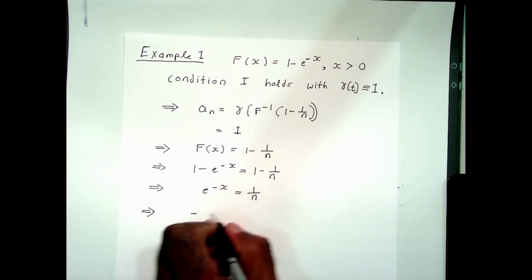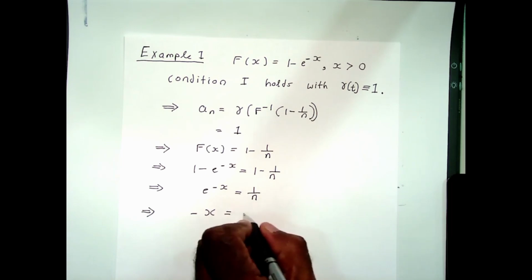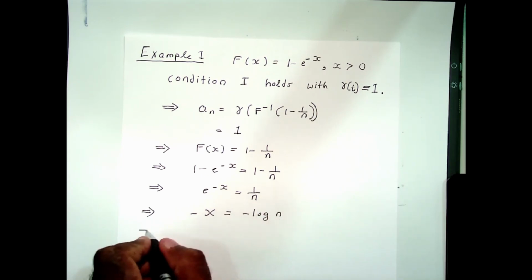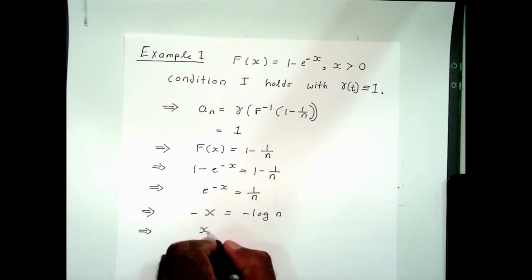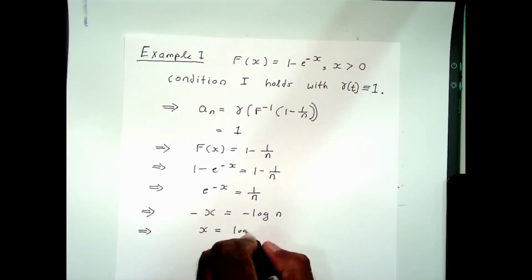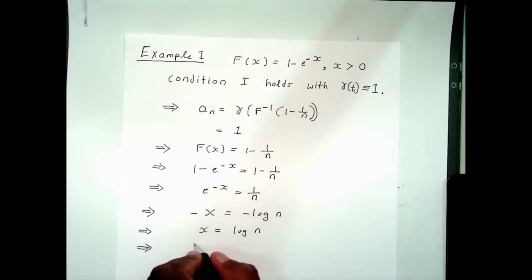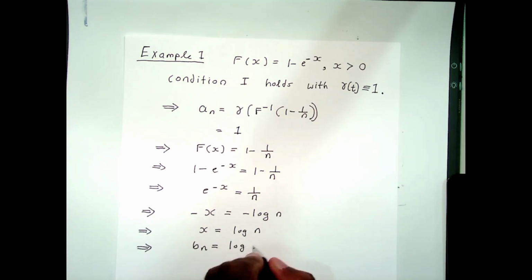Taking the log, you get x is equal to log of n. So this will mean that bn is equal to log of n. Alright, so we have found an and bn.